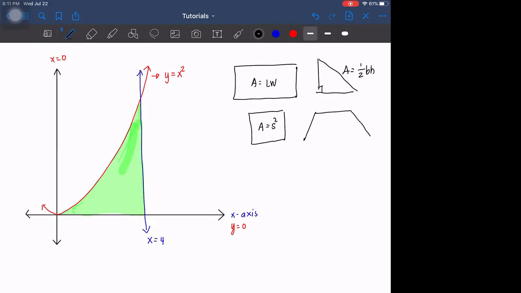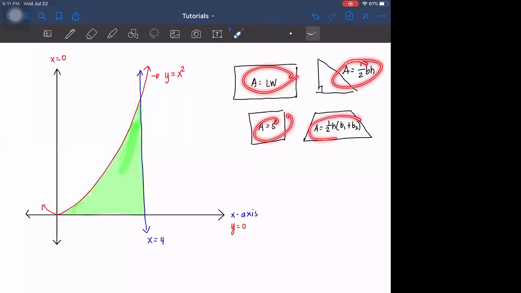If that was a trapezoid, the area would be 1/2 h times base 1 plus base 2. Okay? So these are established formulas. But these formulas actually come from integral calculus.